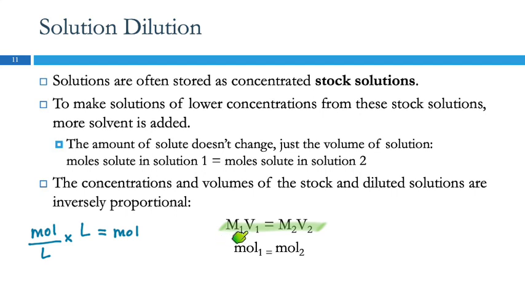So molarity times volume is the moles of solute in the first solution. When I dilute something, I don't change the number of moles. So the moles in the second solution have to be equal to the moles in the first solution. And the moles in the second solution are also described by the molarity times the volume, but for the second solution. What happens here is the molarity is going to be smaller and the volume is going to be bigger.